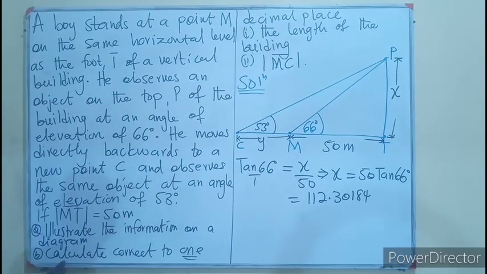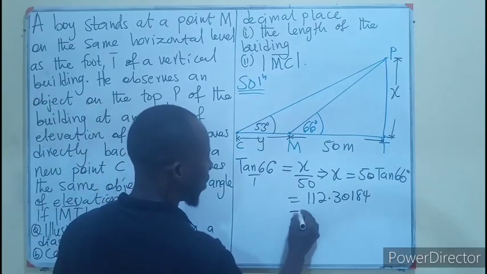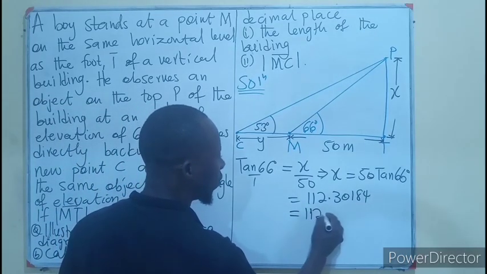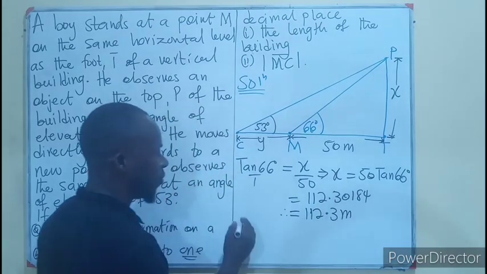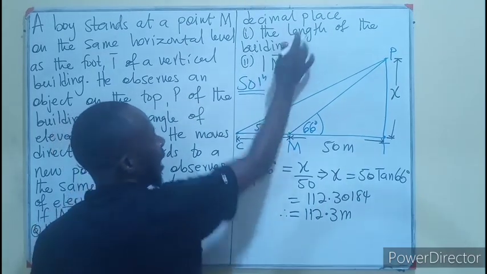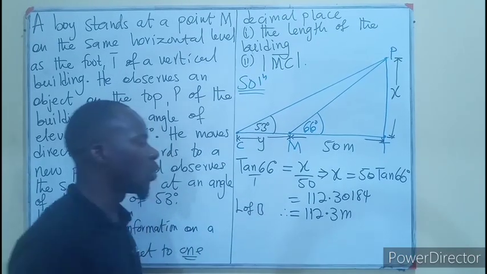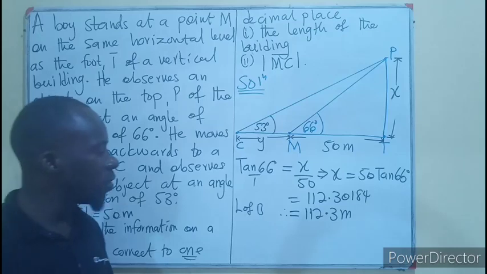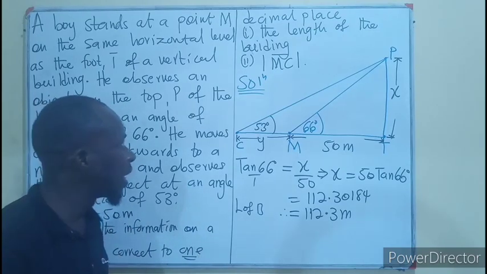But the question is asking us to leave that to only what? One decimal place. So this is equal to 112.3 meters. So therefore, the length of the building will be equal to 112.3 meters. That is the first part of the second question.